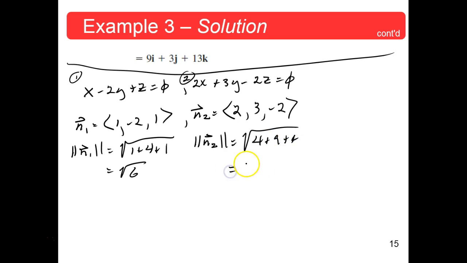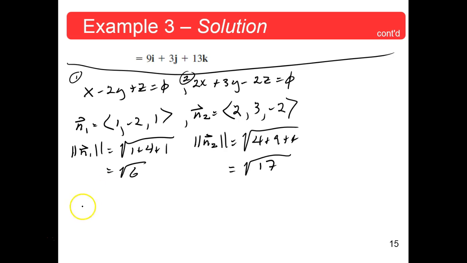That's going to be 25? No, I can't add. 8 plus 9 is 17, right? Okay, 17. So we've got the two magnitudes. What's the other thing we have to do?